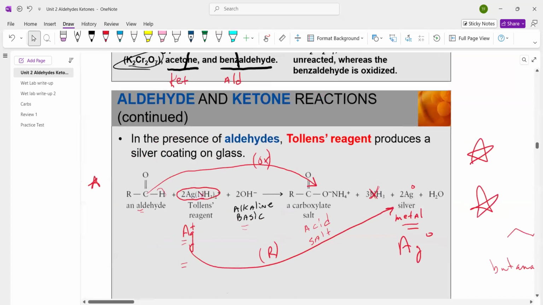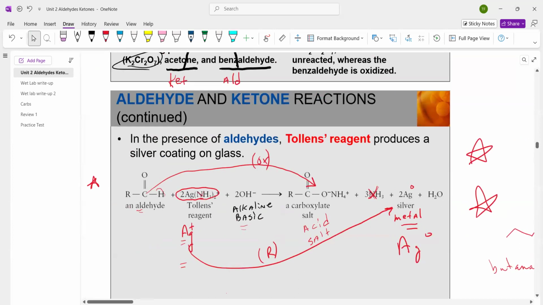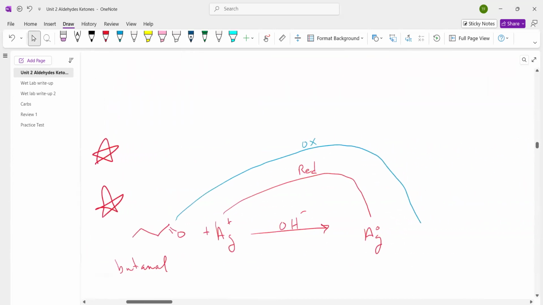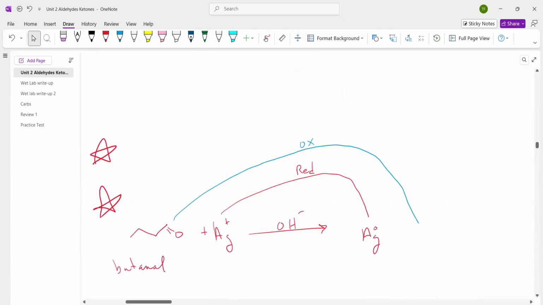So over here, we're going to have acid salts. And we're not going to have to name that till next unit, unit 3. Okay, so that's an example.